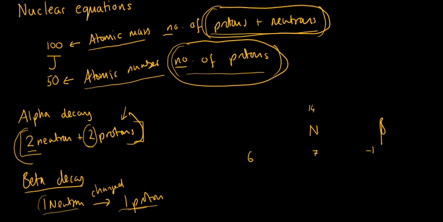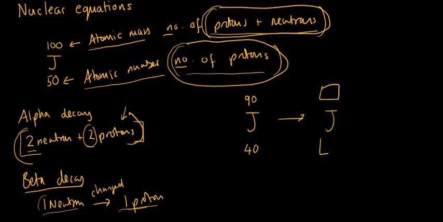Okay, and then if, say, for example, I have a situation where I'm just going to make this one up. Let's say I have J 90, 40, and that was to go under alpha decay. Could you please explain what you're going to have? Pause the video and have a go at explaining what you're going to have there.